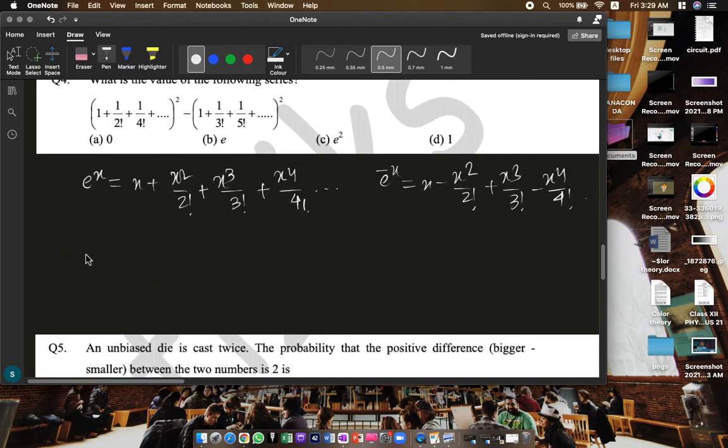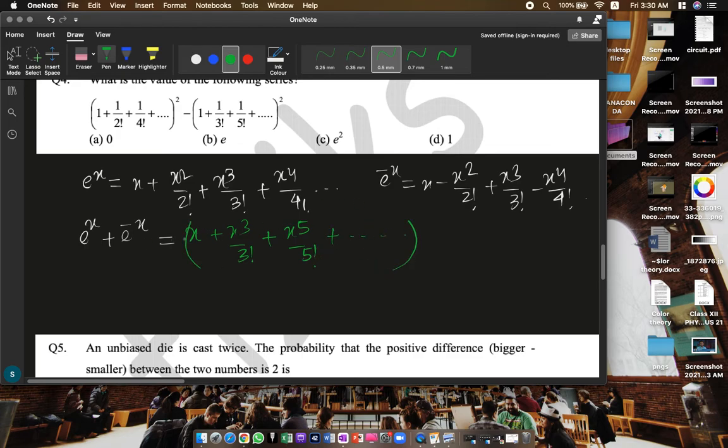Okay, so now if I just add these two series, e to the power x plus e to the power minus x, then what will be the value? The alternate terms, the x, x cube, x to the power 5 terms, will cancel, and we get 1 plus x square by 2 factorial plus x to the power 4 by 4 factorial, and there will be a factor of 2 outside.